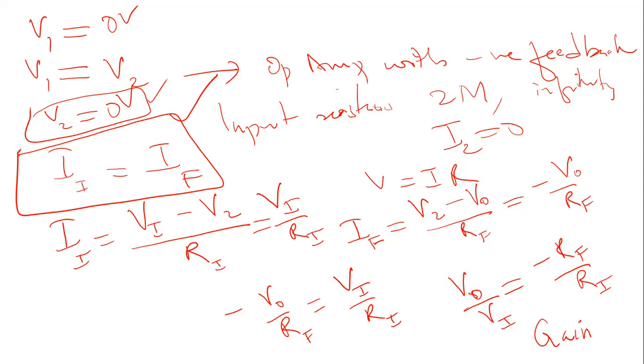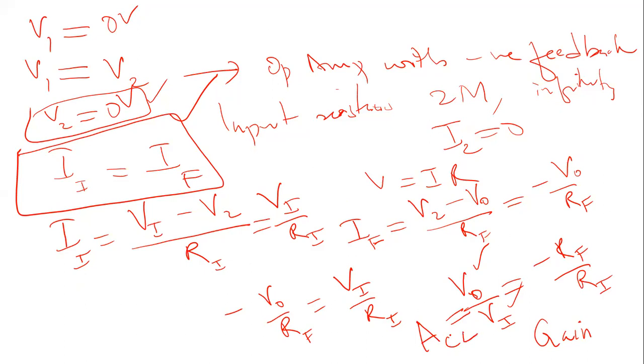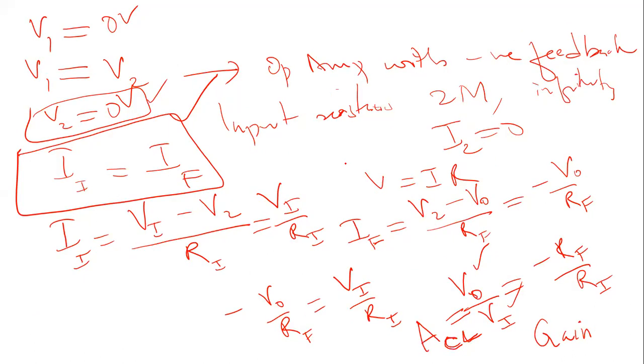So the gain of an amplifier, which is output voltage upon input voltage, is what you call the closed loop gain of this inverting amplifier. Here I denoted it using ACL. CL means closed loop gain. The inverting amplifier has a circuit with this negative feedback here. So the closed loop gain is output voltage upon input voltage, and it is equal to minus RF upon RI.